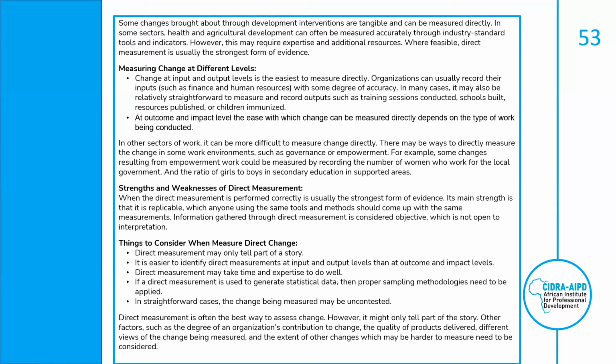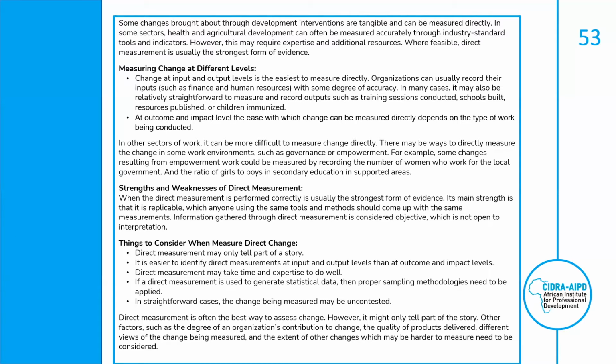At outcome and impact level, the ease with which change can be measured directly depends on the type of work being conducted. In some sectors of work, it can be more difficult to measure change directly.